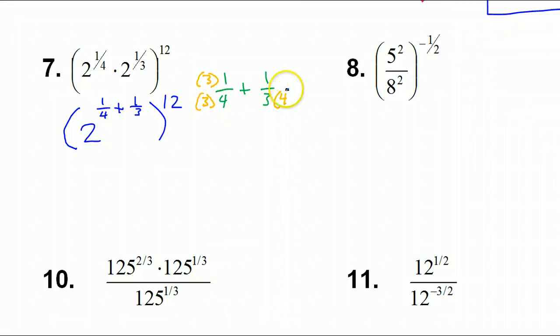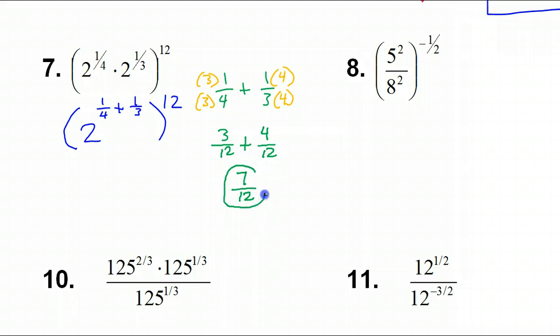And if I multiply this by 4, I'll get 12. I need those like denominators. So this is going to become 3 over 12 plus 4 over 12. And 3/12 plus 4/12 is 7/12.